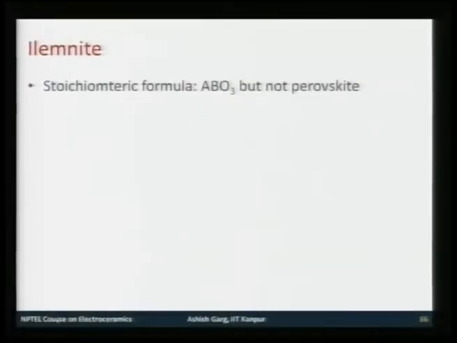Now, the second structure which is important in this series is the ilmenite structure. The ilmenite structure has the same formula as the perovskite structure, that is ABO3, but it is not a perovskite structured compound, rather it is based on the corundum structure. So, it is a hexagonal close packed structure in a similar fashion as Al2O3, except that in Al2O3 you have 3 oxygen and 2 aluminum atoms, here for 3 oxygen atoms you have 1 A atom and 1 B atom.